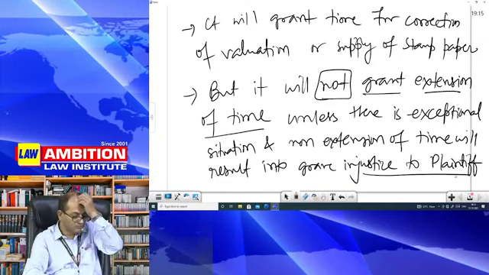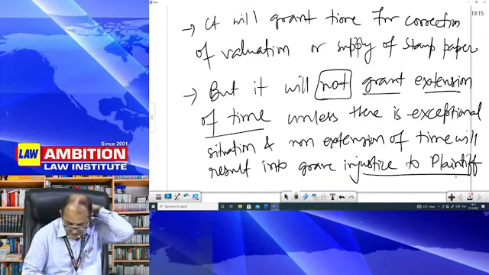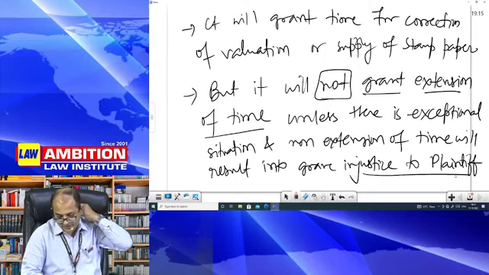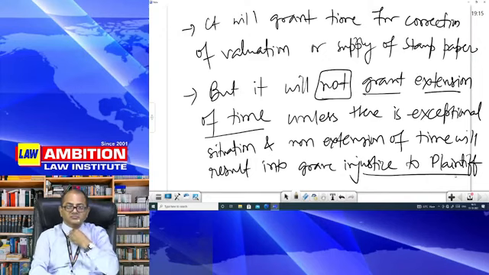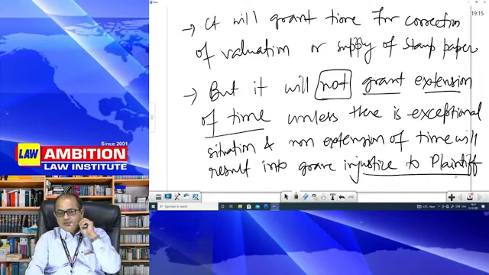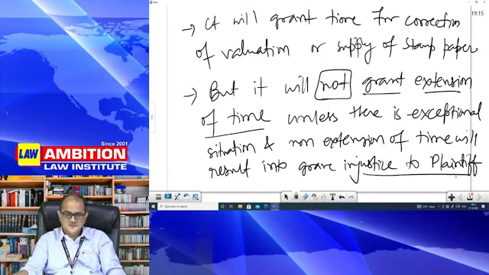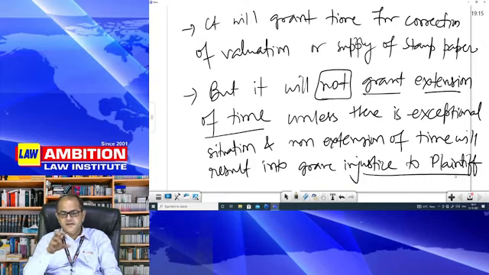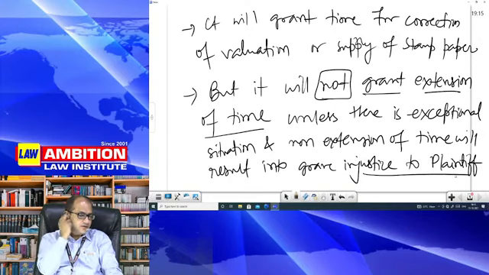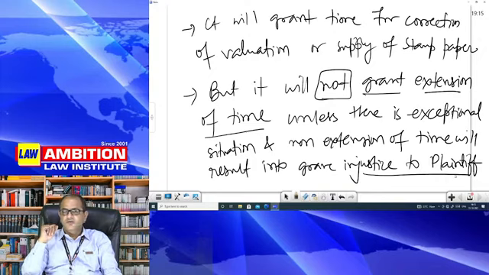Now, this corona crisis is one such example. If the plaintiff has not been able to supply the proper fee to the court, proper revenue to the court, and he pleads inability for the time being due to this exceptional situation of grave crisis, so, as a judge, will you not grant them extension of time?